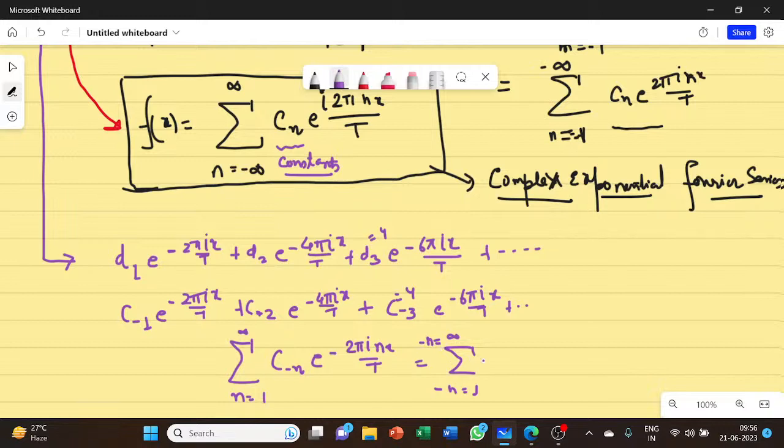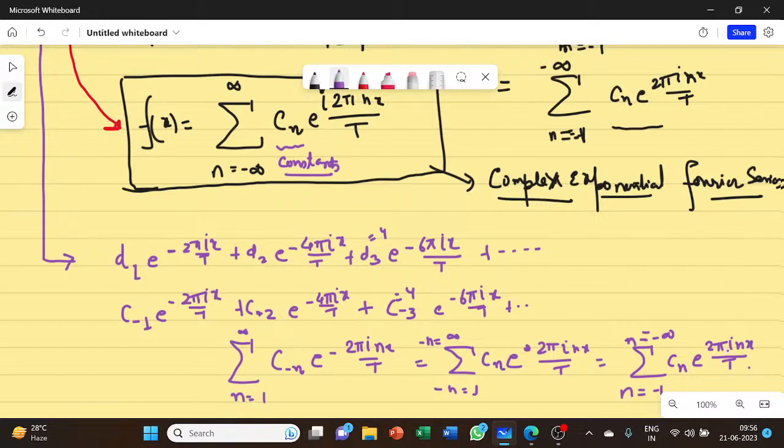This will become plus 2 pi iota n x upon t, and this is simply equivalent to writing n varying from minus 1 to minus infinity, and this is equal to c n e to the power 2 pi iota n x upon t.